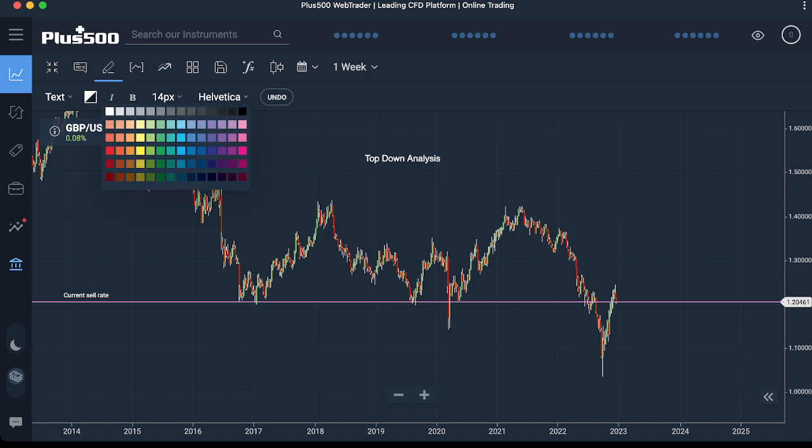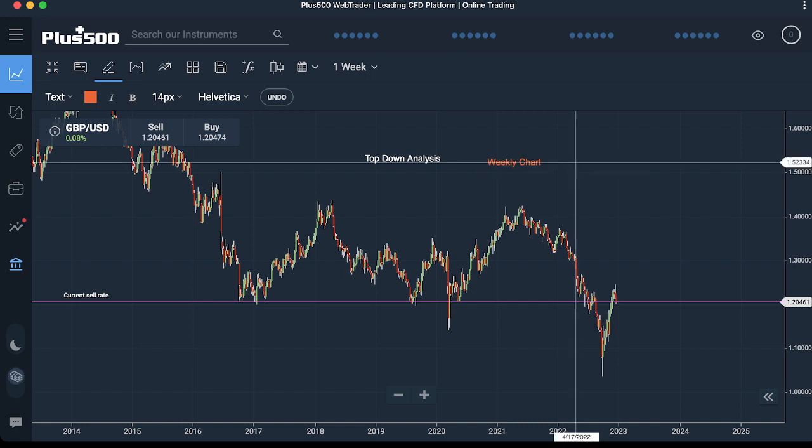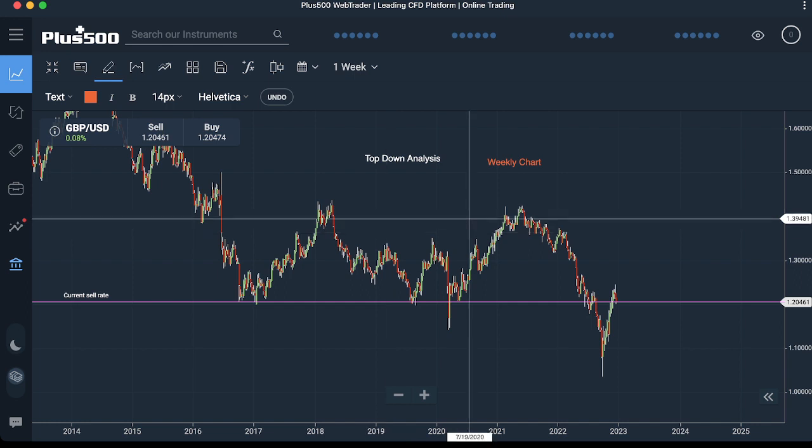So right now we are in the weekly chart, as you can see, and the example that we are going to discuss in this lesson is going to be the pair of pound dollar. So this is a weekly chart, and we are going to show you how you can do the top-down analysis.